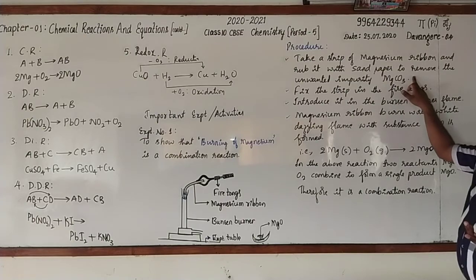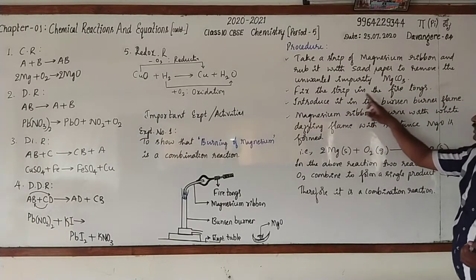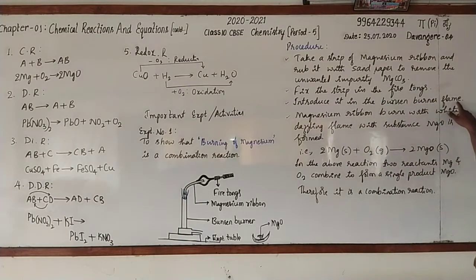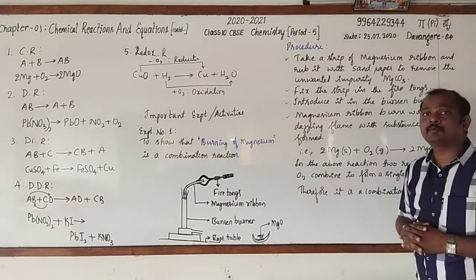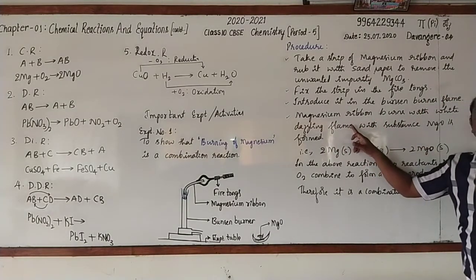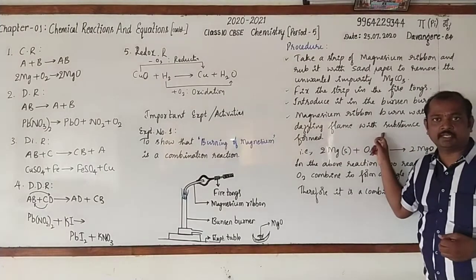Magnesium carbonate. Then after that, fix the strip in the fire tongs. Then place that strip in the Bunsen burner flame. Then what will be your observation? Magnesium ribbon burns with a white dazzling flame, producing a compound. What is that? Magnesium oxide.